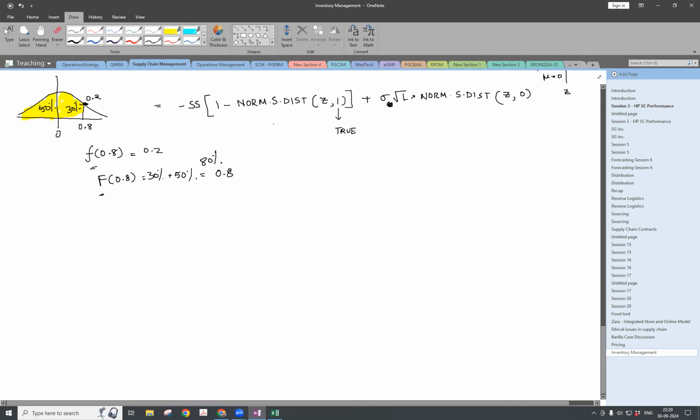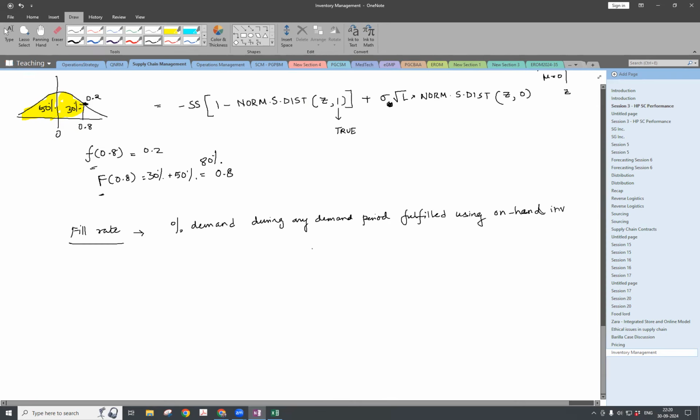Now, the ESC was actually calculated for us to get to another measure of service level, which we call fill rate. Now, we said that fill rate is the percentage of the demand during any demand period fulfilled using on-hand inventory, right?